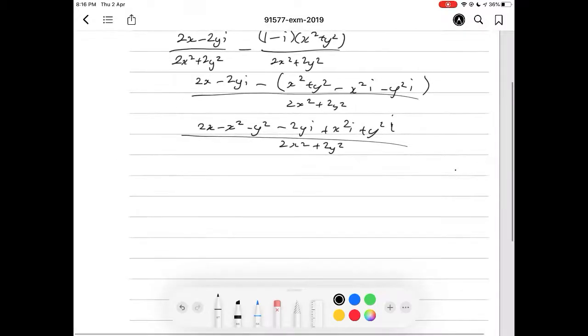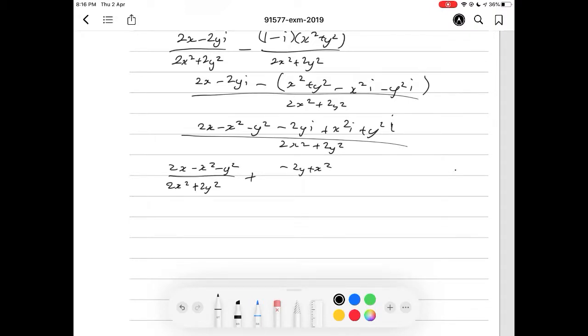The next thing to do is split this equation up into its real part and imaginary part. So we have 2x minus x squared minus y squared over 2x squared plus 2y squared, added onto the imaginary part, which would be negative 2y plus x squared plus y squared over 2x squared plus 2y squared.